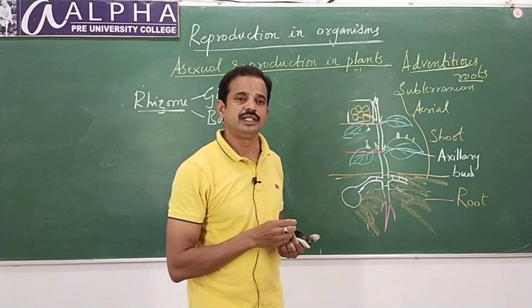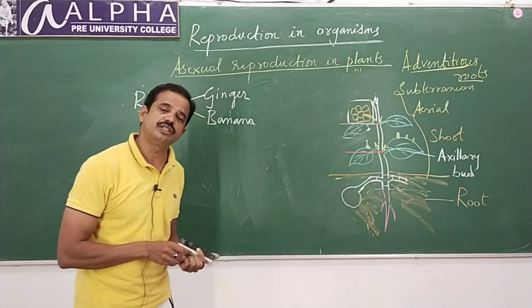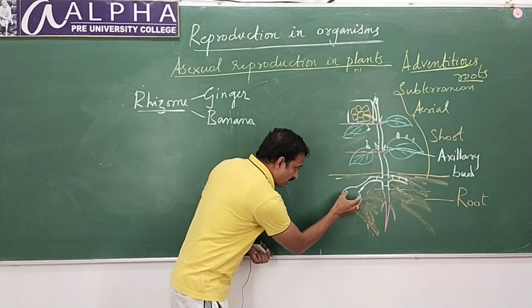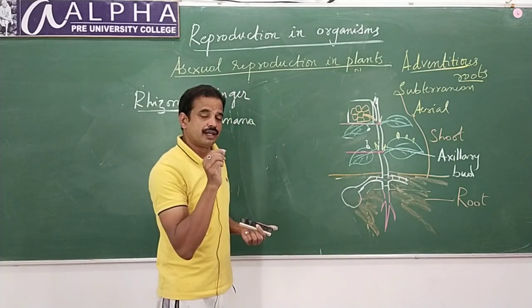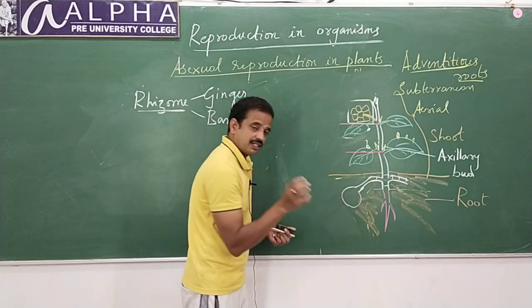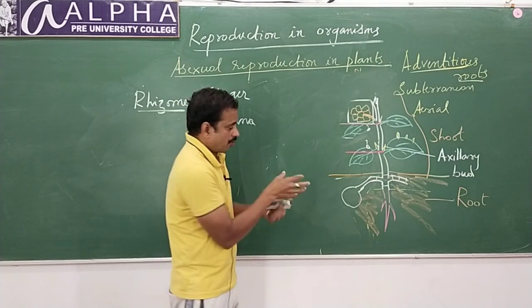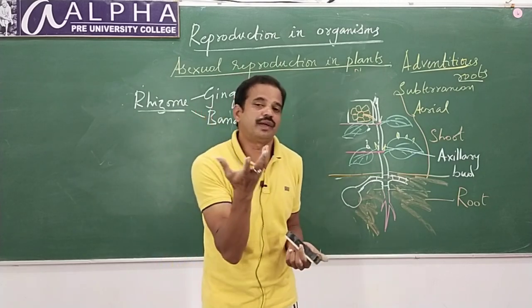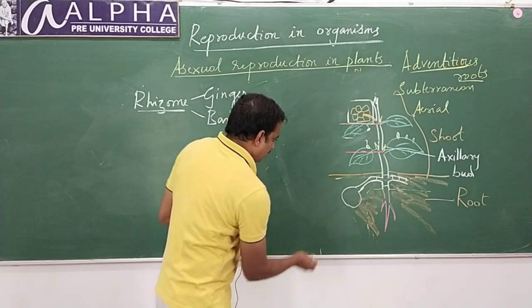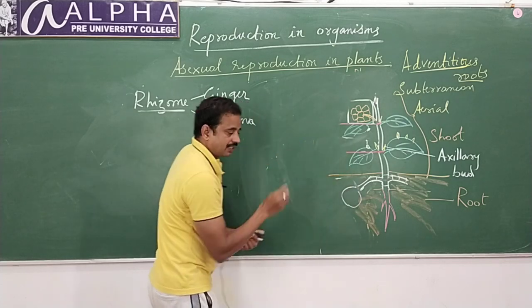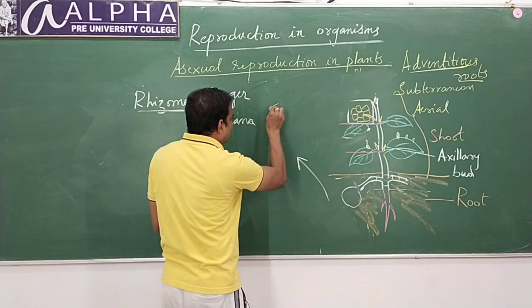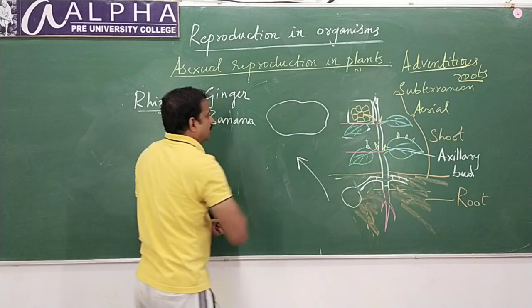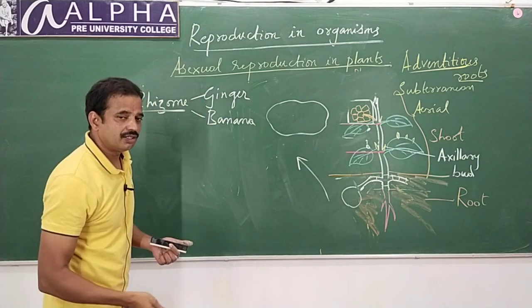Underground, it has stored a large amount of food, and of course you cannot see the nodal and internodal regions here, simply an enlarged, somewhat irregularly oval or spherical structure. Eventually it may cut off like this. I'll take it out here. It is somewhat like this. Is it not? You are getting an idea in your mind?